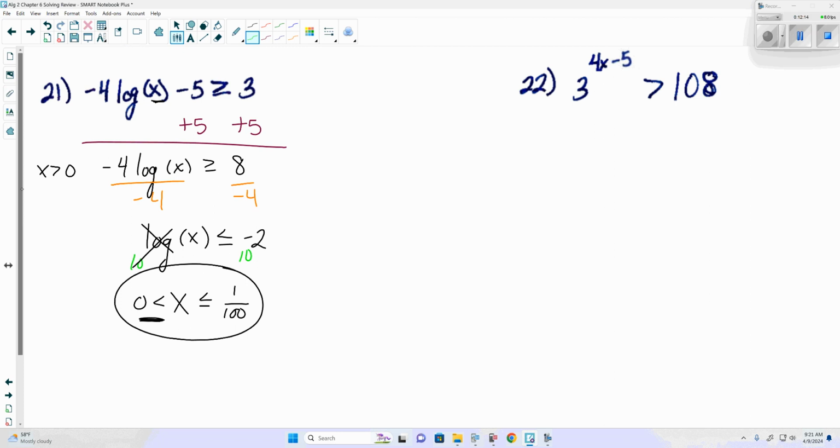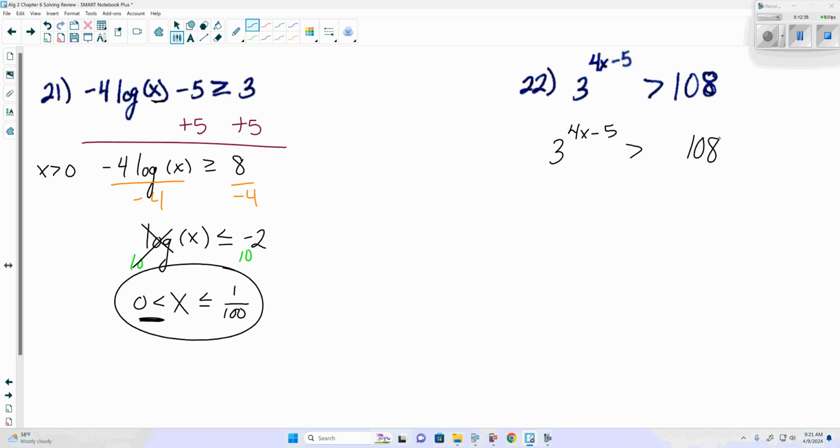Questions up to 21? You ready for 22? So we have 3. I'll rewrite it out. Since the x is in the exponent, we use logs.